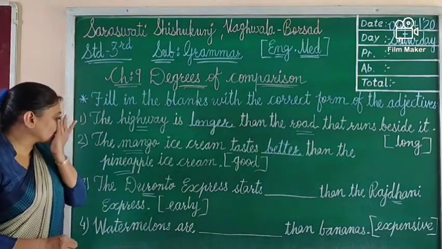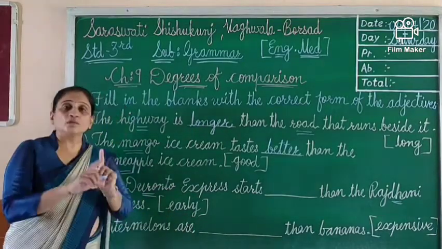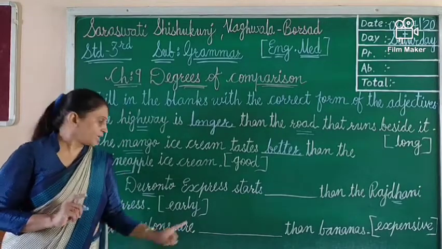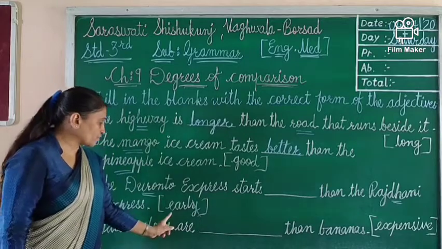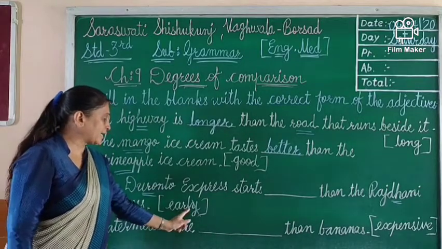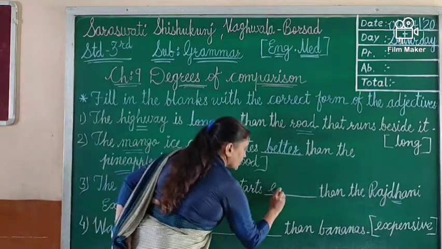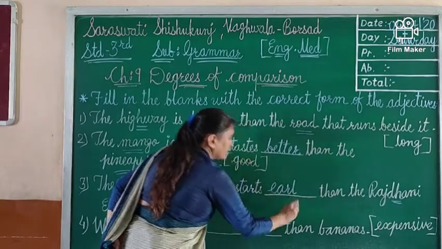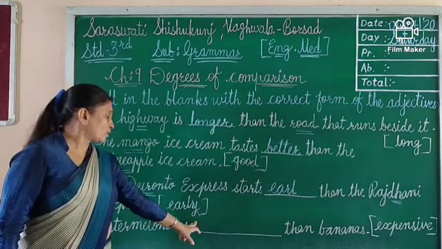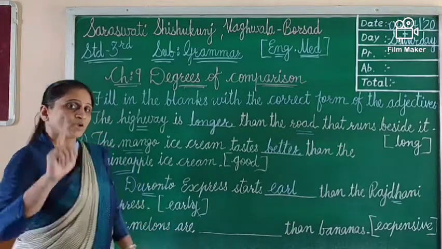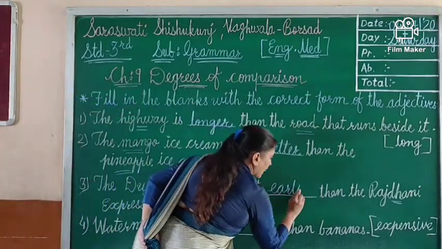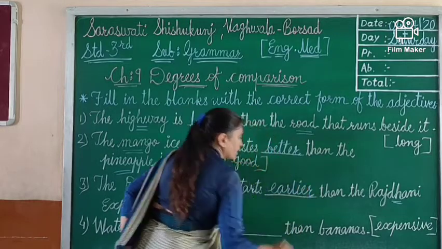Now as you know the rules, this Y will not come in the answer. We will drop this Y. First of all we will write EARL, but we will not write Y in the answer. Instead of Y, what will we write? IER.